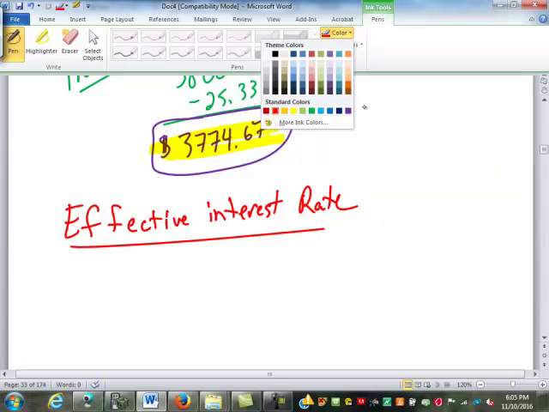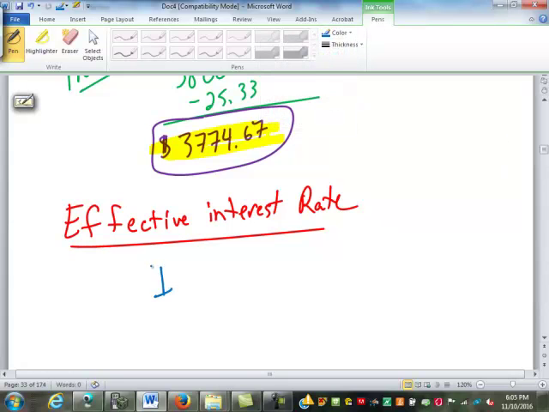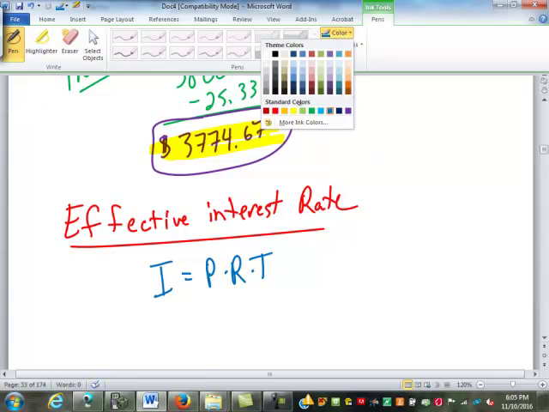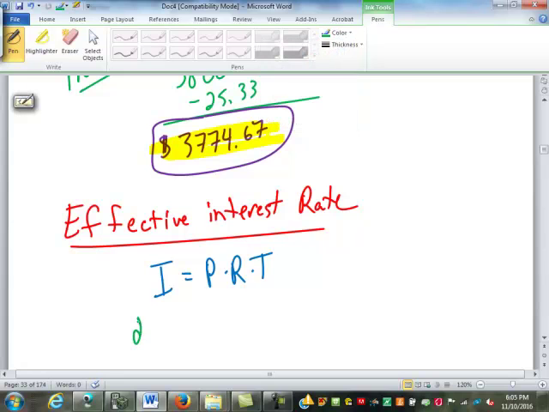Well, we're going to still use our simple interest formula. I equals principal times rate times time. The difference is what we're going to put in here is going to be the amount of the discount. Instead of putting in the principal or the face value, we're going to put in the actual proceeds times our rate times our time.